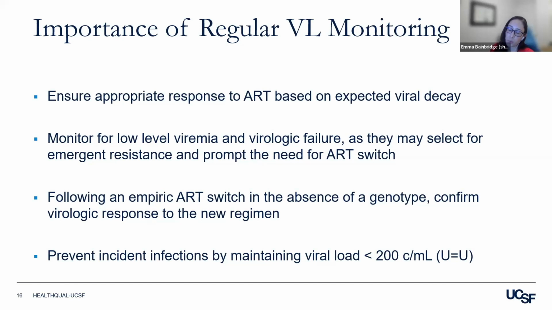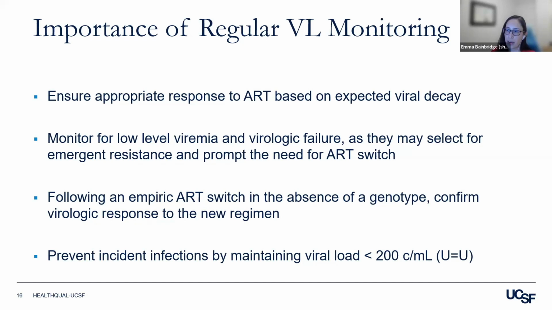So if 3 months after you start ART, their viral load is still 50,000, that suggests that there's an issue. Either they're not taking their ART, or they have some resistance that we haven't sorted out, or there's some other issue, that regimen is not working for them because you're not seeing the viral decay that's expected.